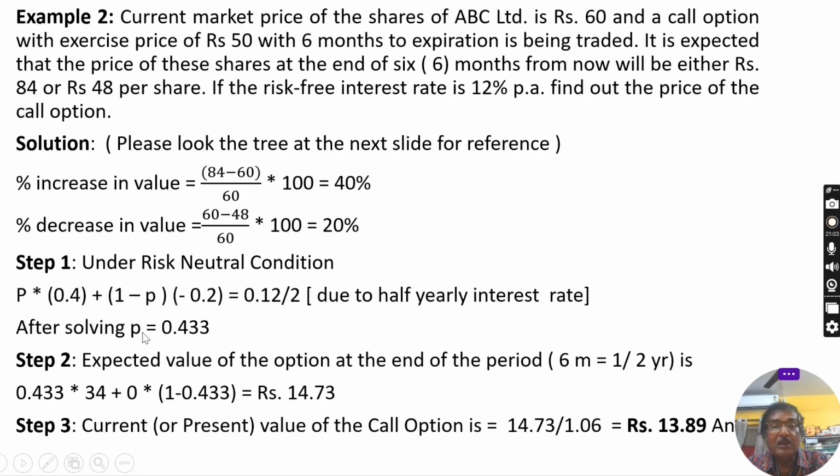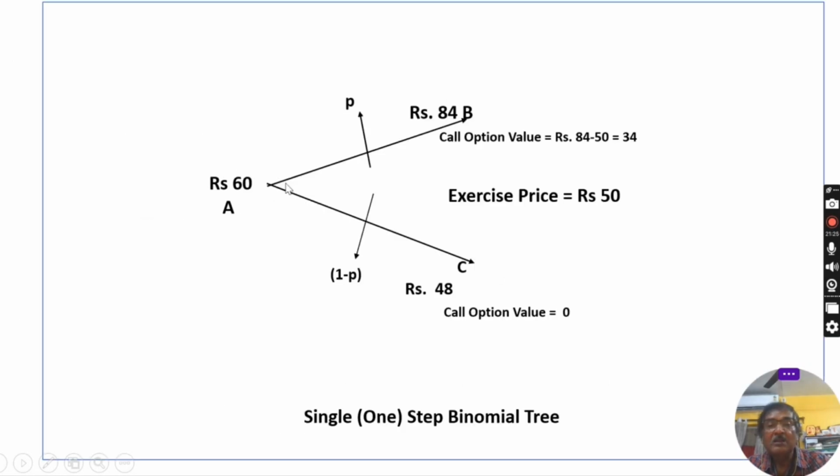So after solving you will get the value of P as this. That means the probability for increasing the price in this case is this. The second step is the expected value of the option at the end of the period. At the end means after 6 months. At the end of the period after 6 months, this is the call option value.